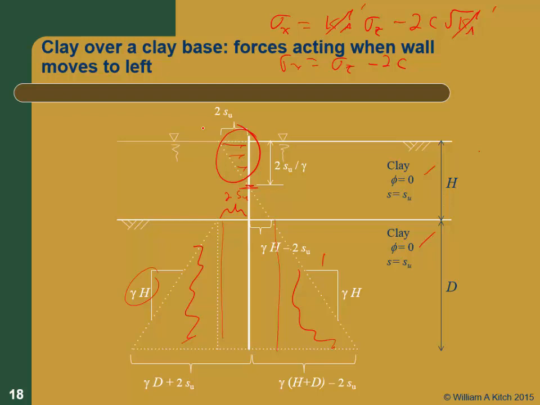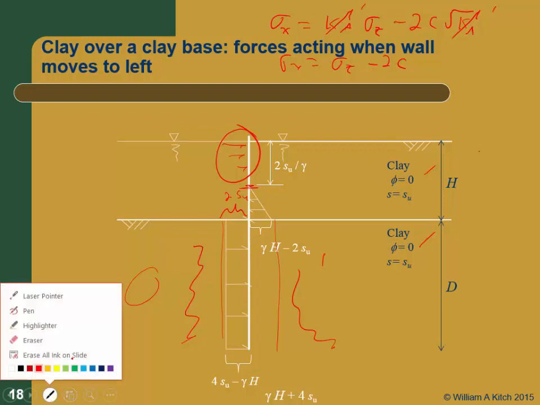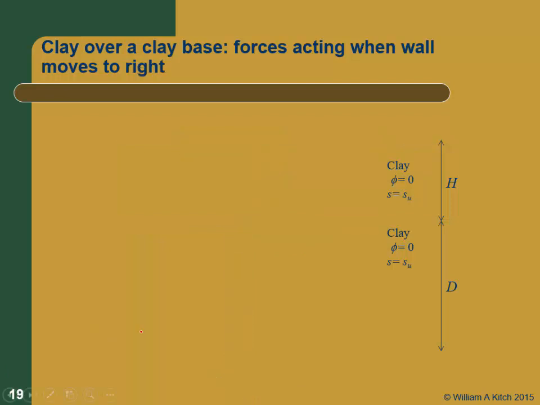So we'll ignore that. If you've got water up there, you should put the water pressure in. I may have left that off in this one. I'll show you in a second. And so we're going to have this net earth pressure. All we're going to have is this triangle there, and we're going to have 4 SU minus gamma h at the base.